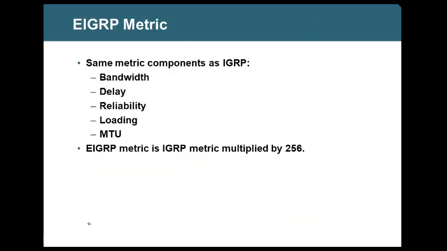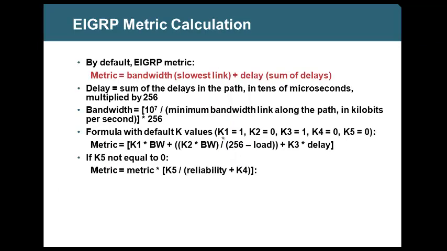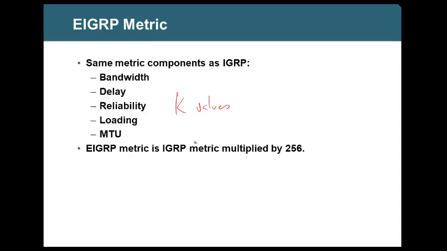You see in the next page, everywhere in the formula, it is mentioned K, K, K. So 5K values. But considered is not 5. Considered is only bandwidth and delay. These three are not considered.